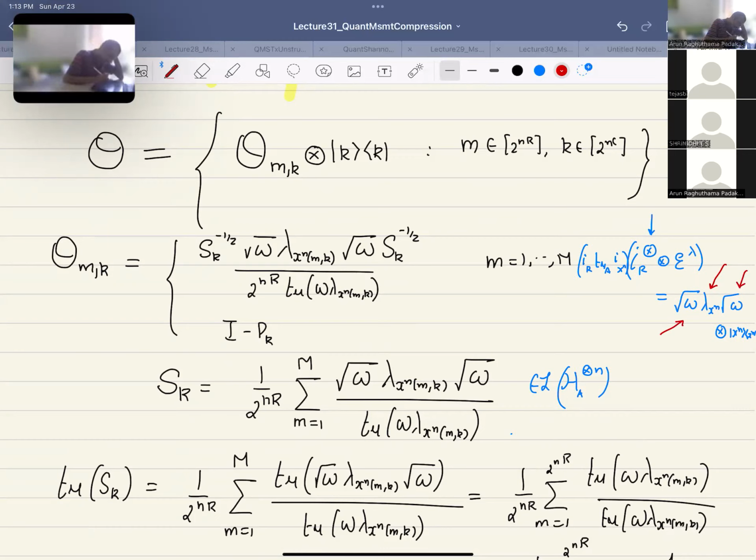So look at this object. If I take my state as sk, then that sk will come and sit on the left, and the sk will come and sit on the right, and the two sks will get knocked off. The root sk will sit on the left, and the root sk will sit on the right, and the normalizations will go off, and I will just get the nice term in the middle, right?